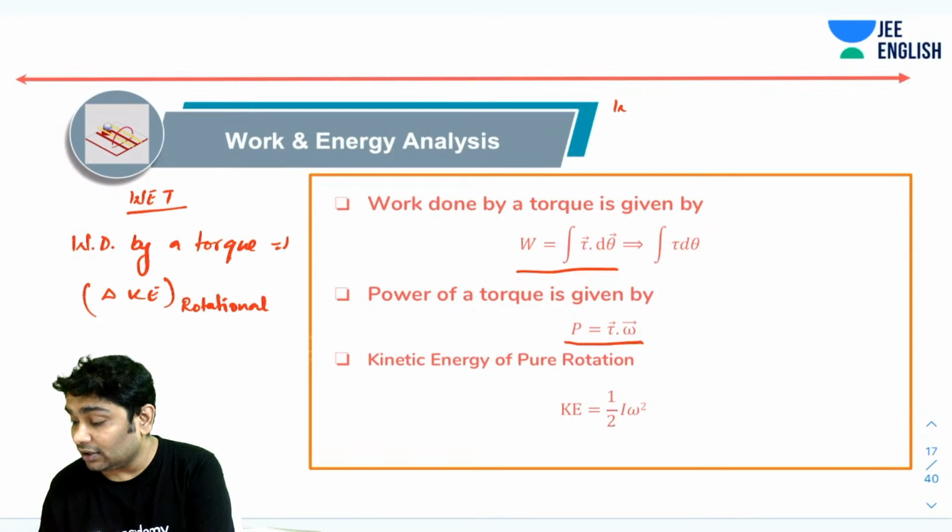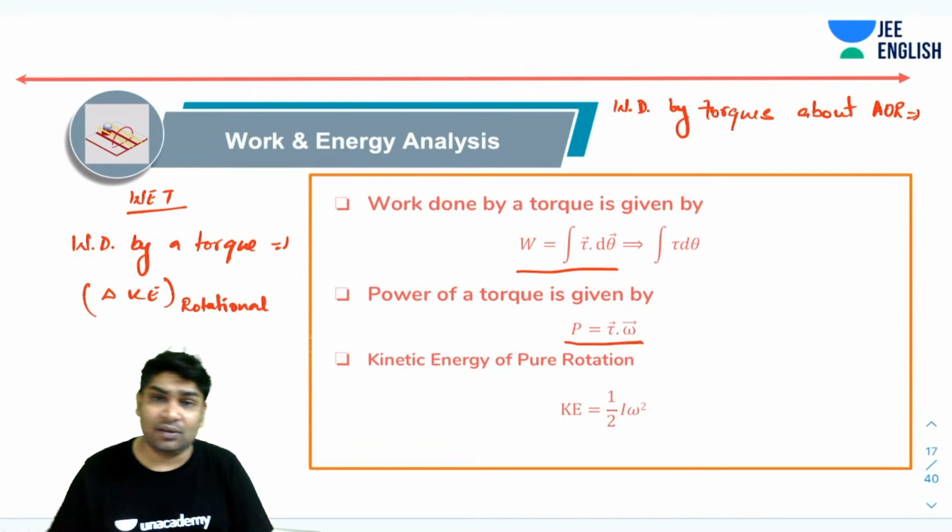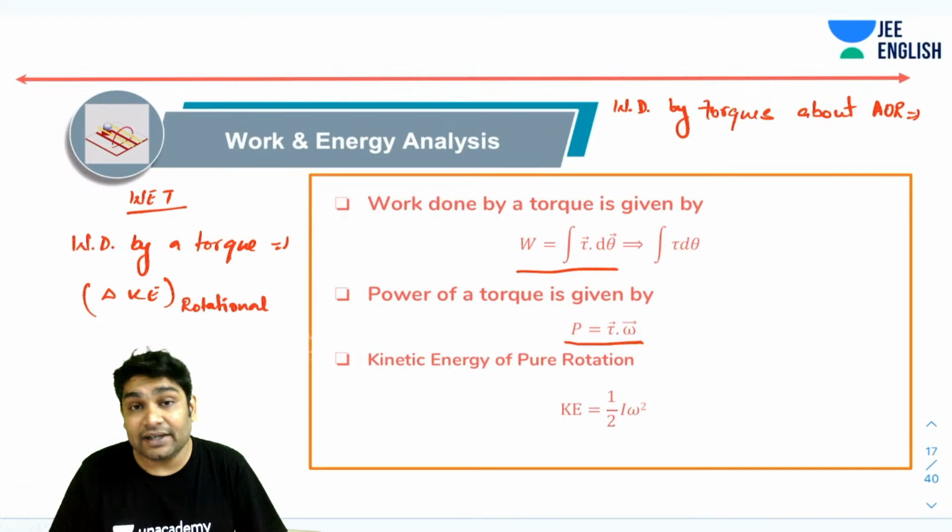So work done by torques about the axis of rotation. Always calculate the work done about the axis of rotation. Why is that needed? So that you do not worry about pseudo torques.